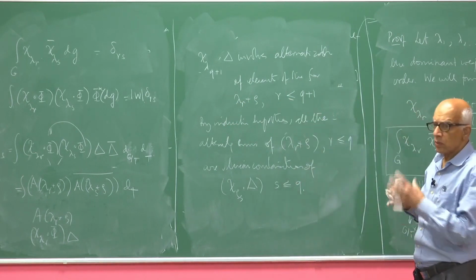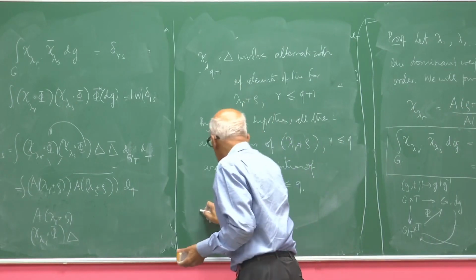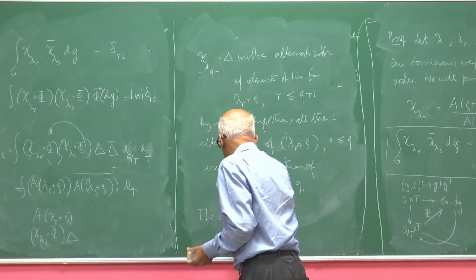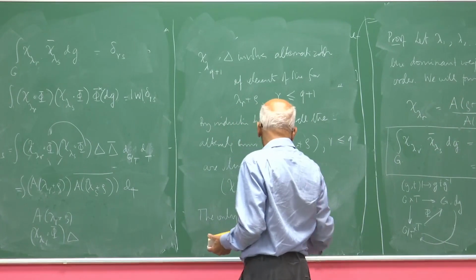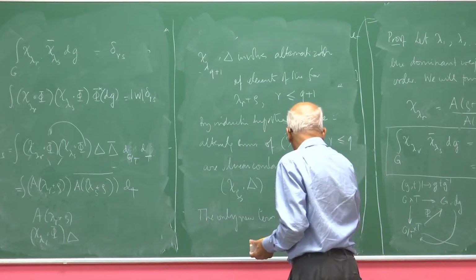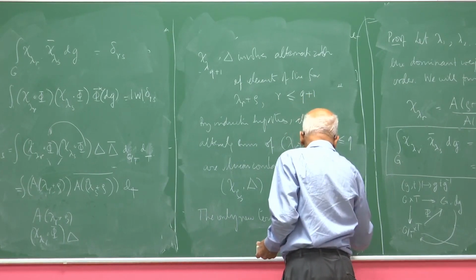So, the only new thing which occurs, the only new term, is a of lambda q plus 1 times delta.